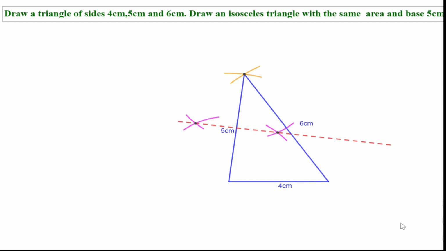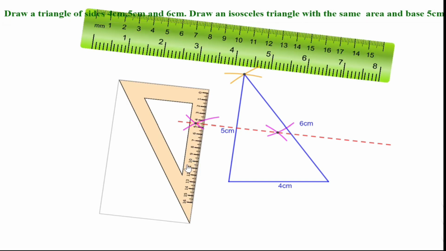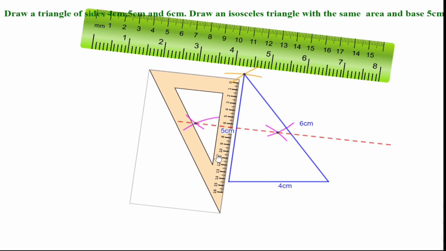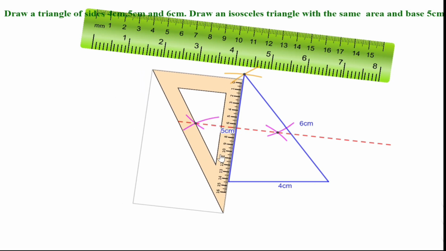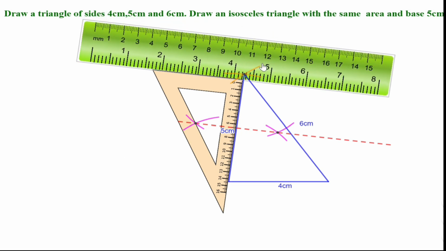For that, let us draw a line parallel to this line passing through this point. For that, let us take the set square and ruler. Now place the set square on this line like this. Place the ruler next to it like this.